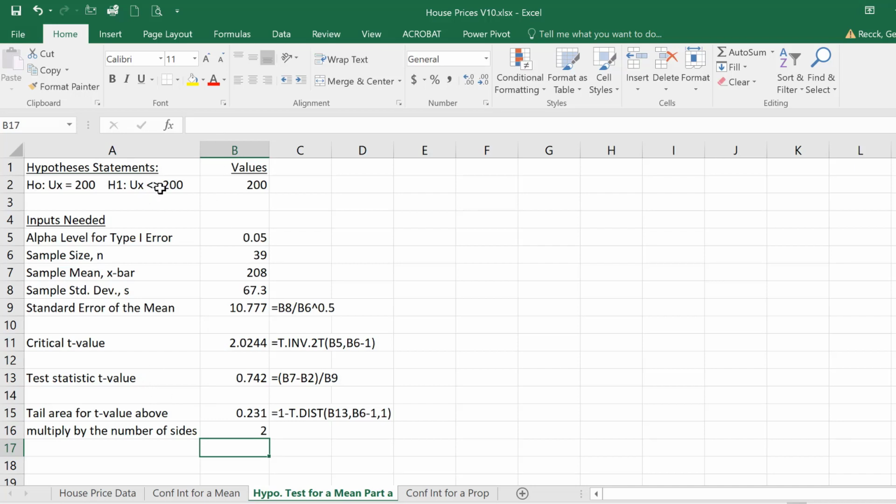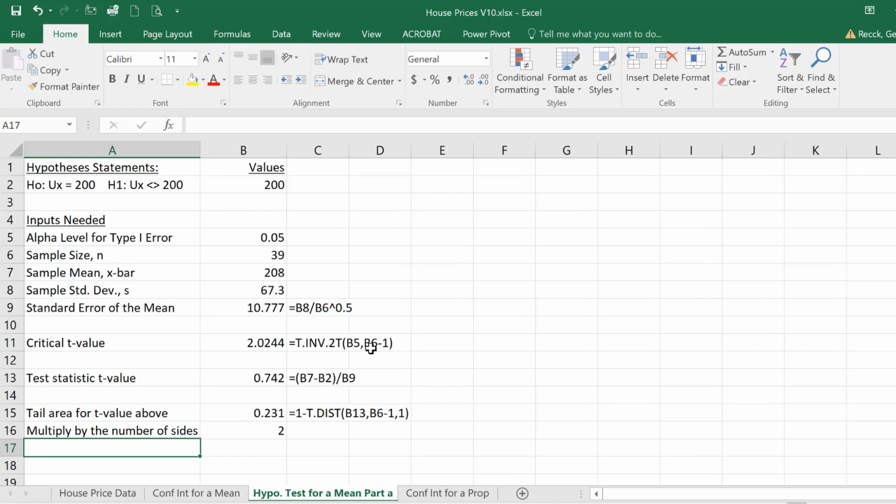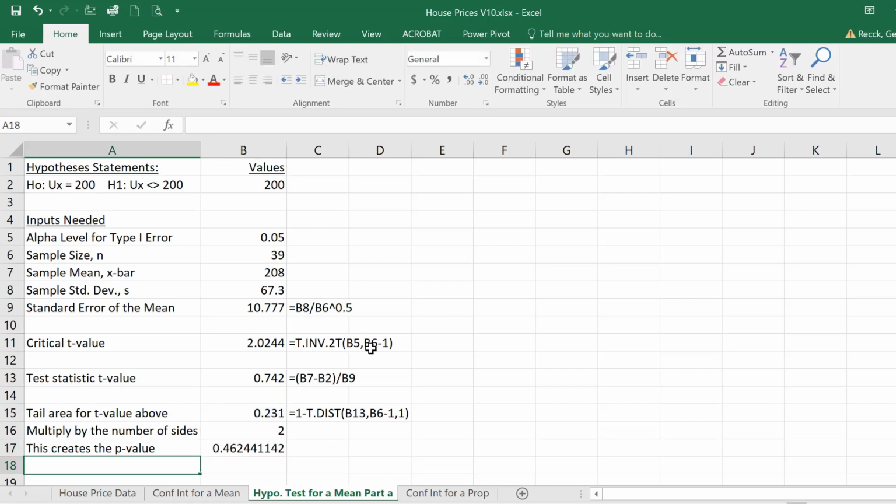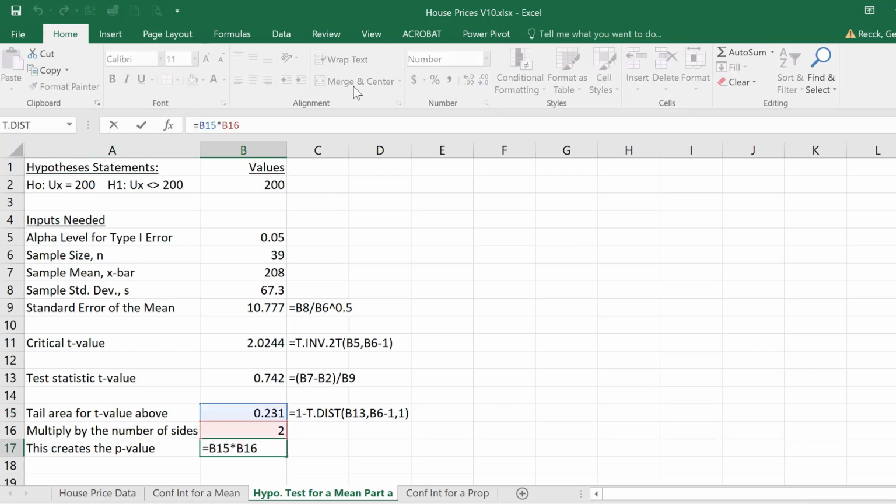Both sides, equal to, not equal to. And now this creates the p-value. Great. Don't need that many decimal places either, so we'll tighten that up, and we'll put that formula into the next column.